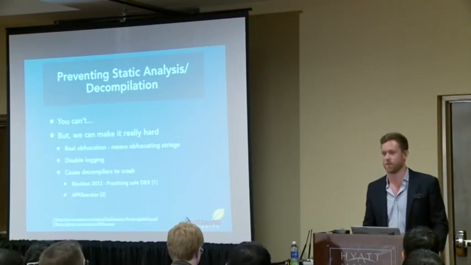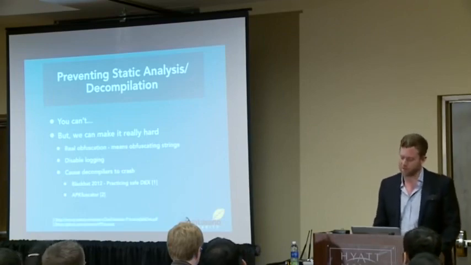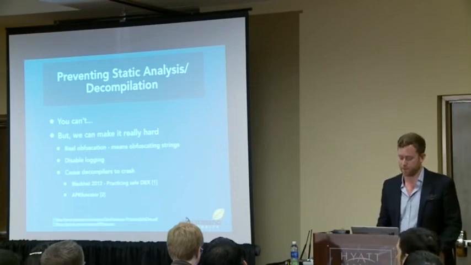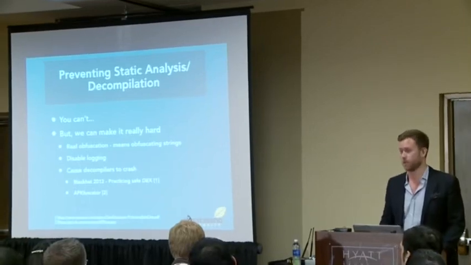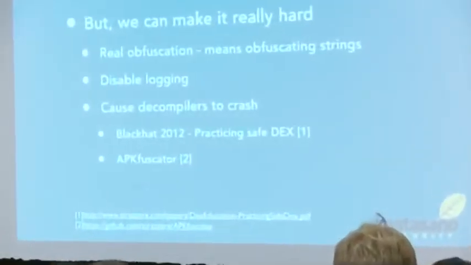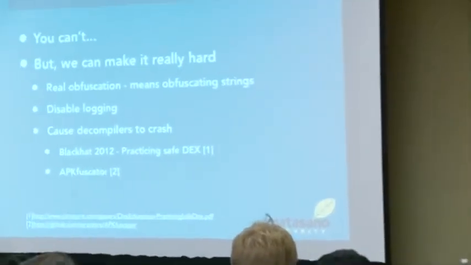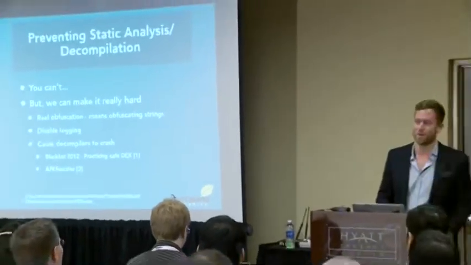However, when the decompiler parsed the entire file, it just bonked and threw an exception. There's a proof of concept tool, AppSecUSA, as well for that talk. There's links at the bottom, the presentation and the tool. Really cool stuff. I'm not really sure how practical that is in a real life environment, but this is the cat and mouse game. As soon as I figure out a way to cause your tool to crash, you're going to figure out a way to cause it not to crash.